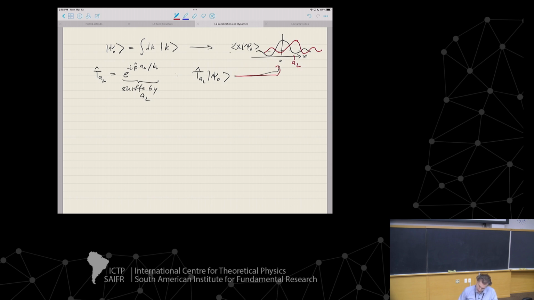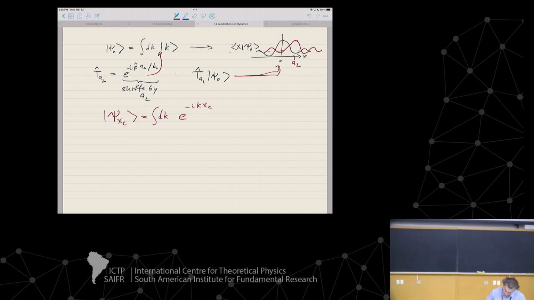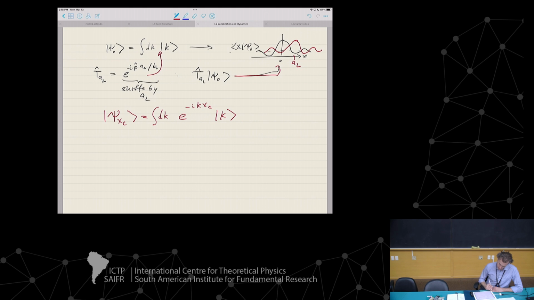And what is that wave function if I write it out? Well, this operator applied here is just going to take the eigenvalue. This is a momentum eigenstate, so p hat over h bar is going to be k. And that means that my new wave function localized at xc must now be the sum of e to the minus i k xc times these k states.